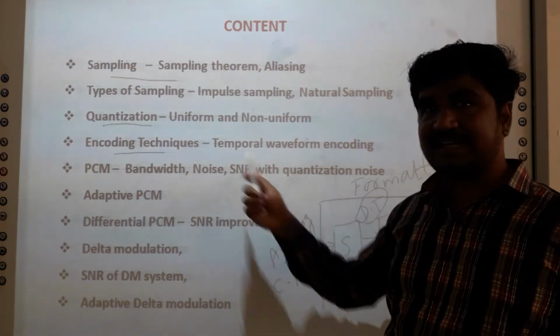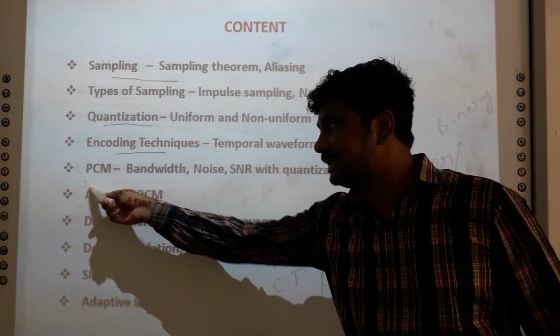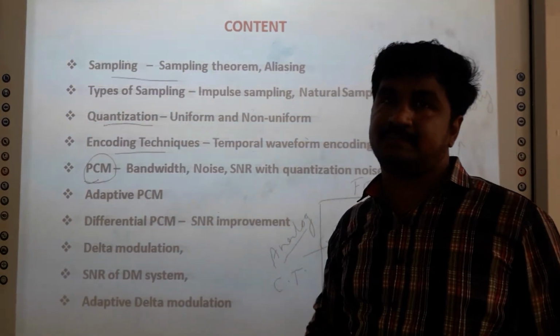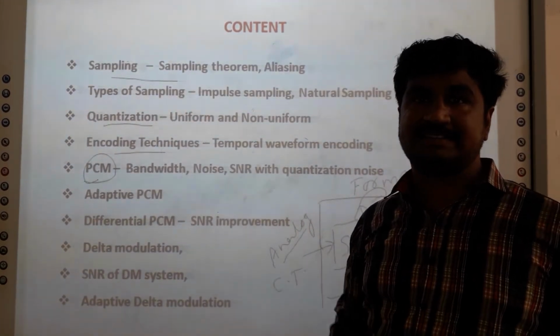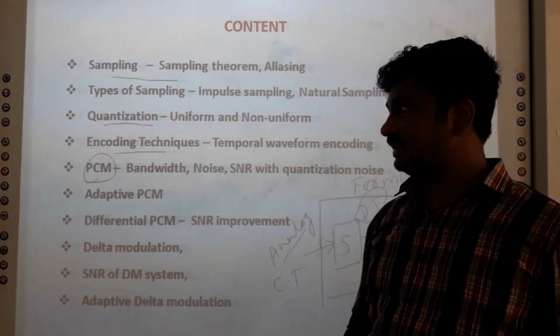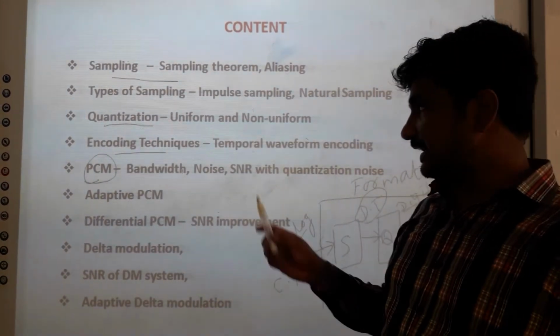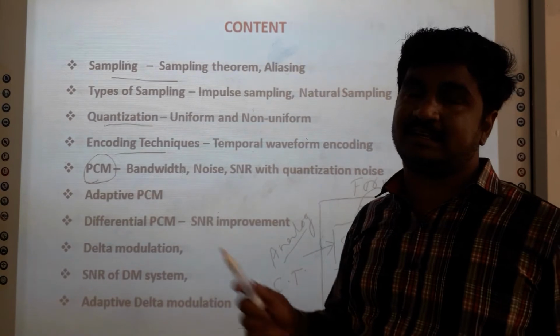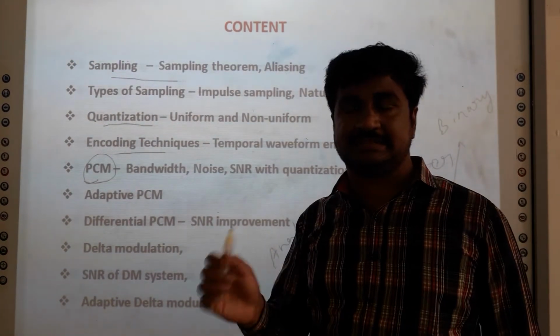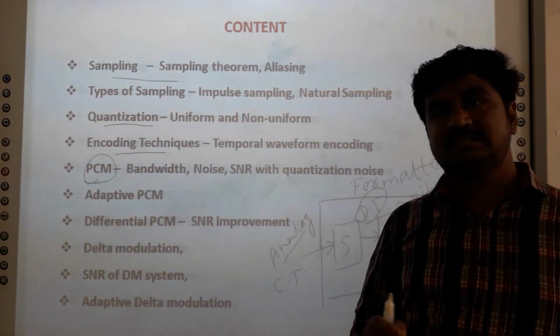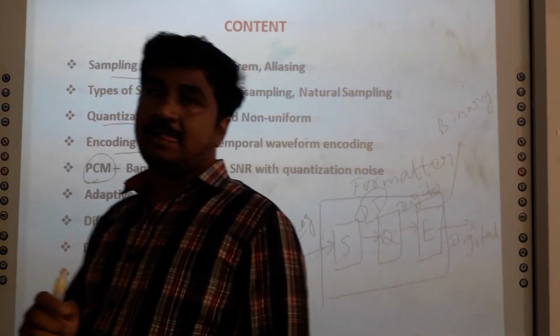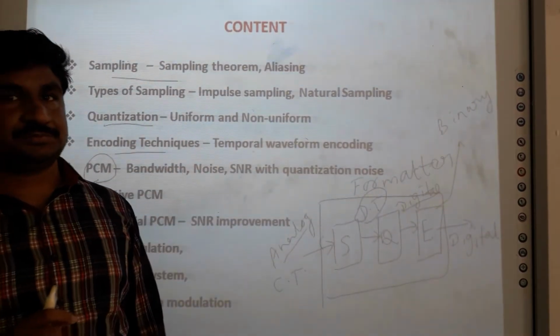All these 3 combined together are called pulse code modulation, simply abbreviated as PCM. Also, we are going to analyze the performance metrics of the PCM system in terms of bandwidth and signal to noise ratio.